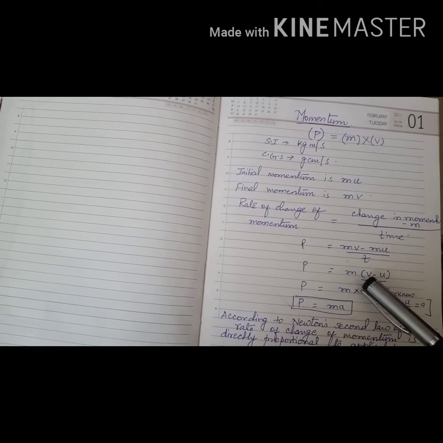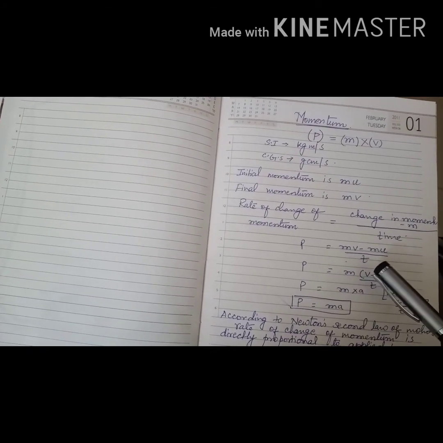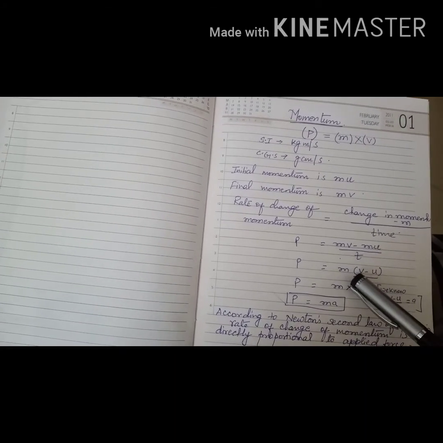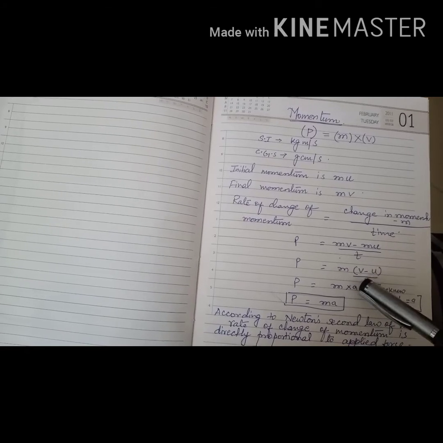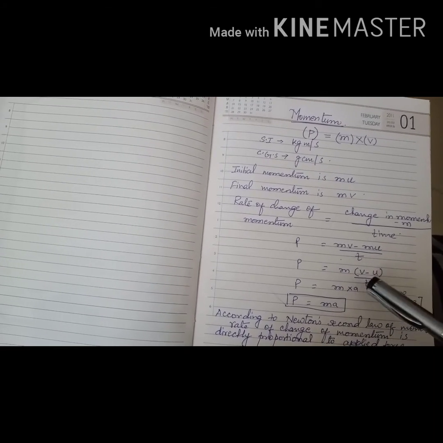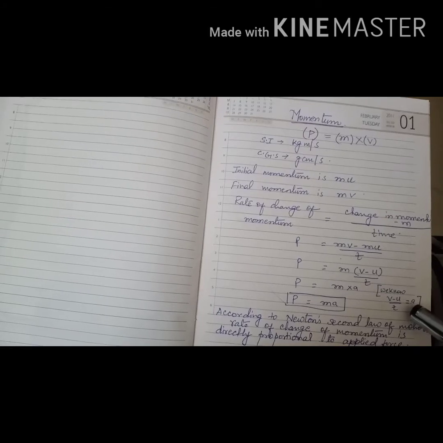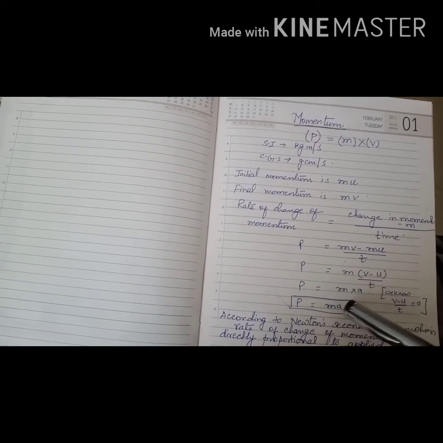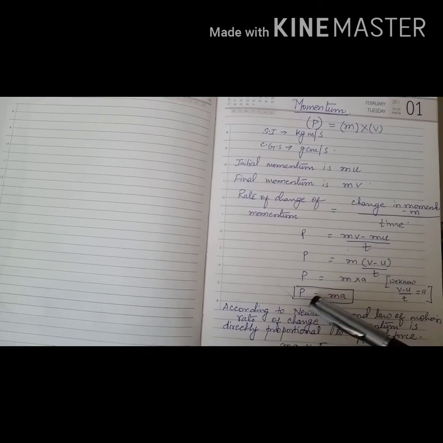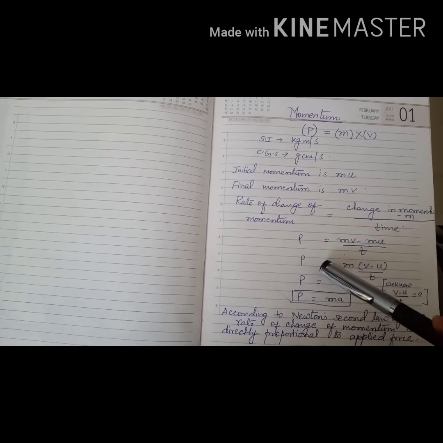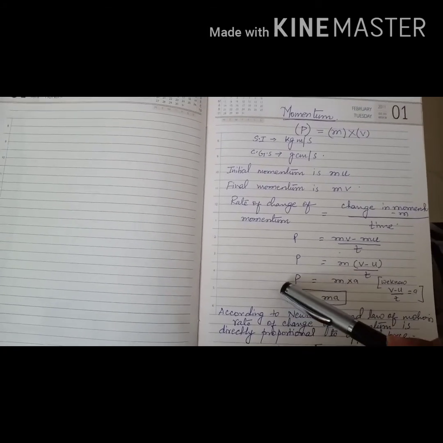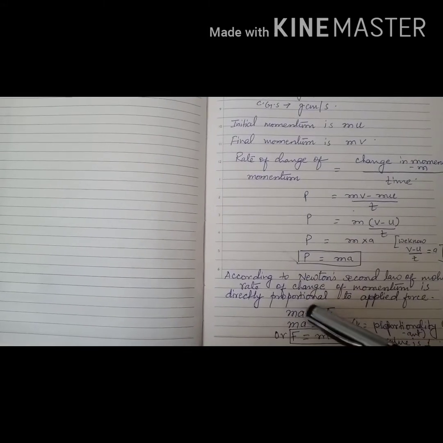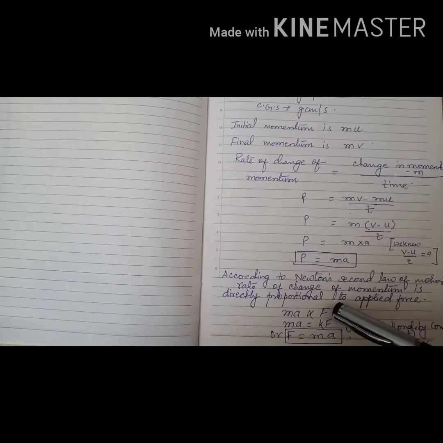Now from the equation you have studied, students, that I have derived, v minus u upon t equals a, that is acceleration. So we can write p equals ma. And this second law of motion tells that the rate of change of momentum is directly proportional to the force applied.